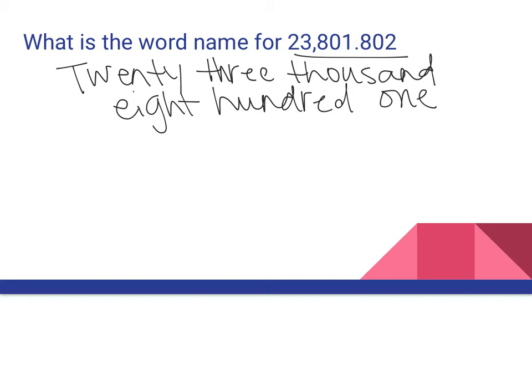After the whole number is the decimal, so I'll go ahead and say and. And then we read the decimal number how we normally would. So 802, I would normally read that as 802.